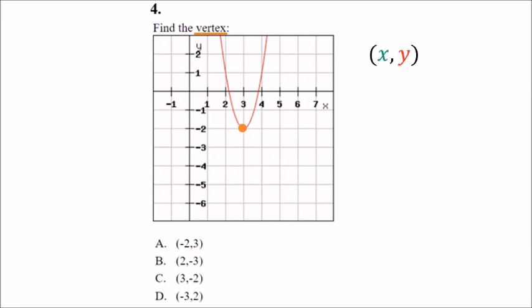Okay, so when I want to write that point, I take a look at the x value is 3 and the y value is -2. When you go to write that ordered pair, just like in your ABCs, make sure that your x value comes first. So it's going to be 3, comma, -2. That makes C my best answer.